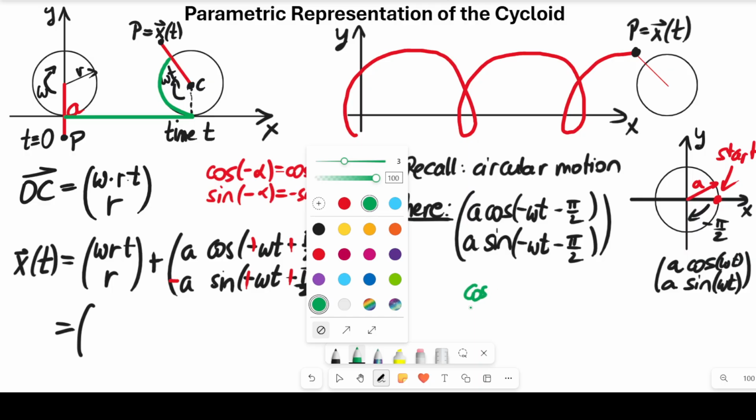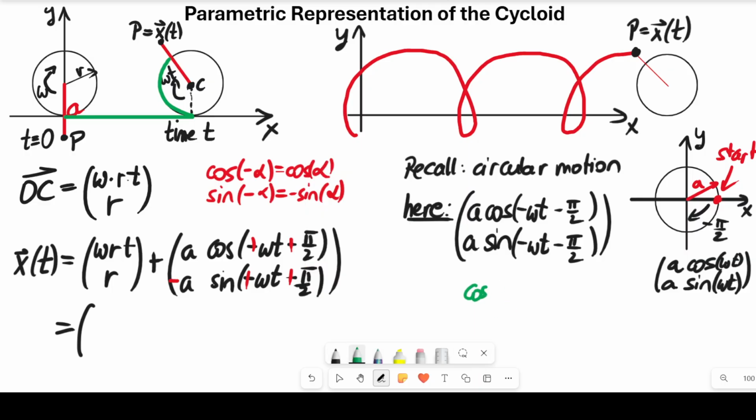Cosine of alpha plus pi half, if you remember the geometric properties, is minus sine of alpha, and the same for the sine. Analogously, it is cosine of alpha.